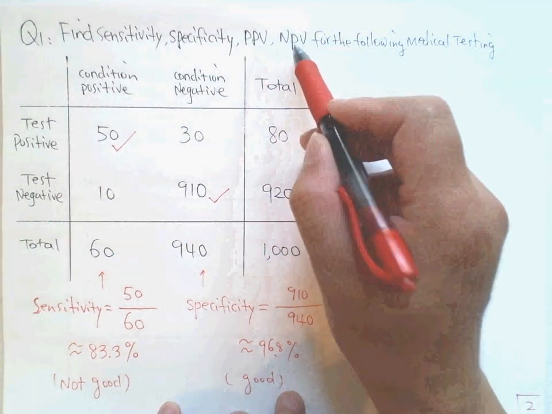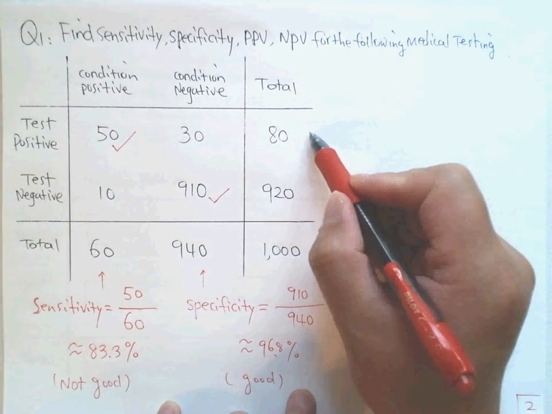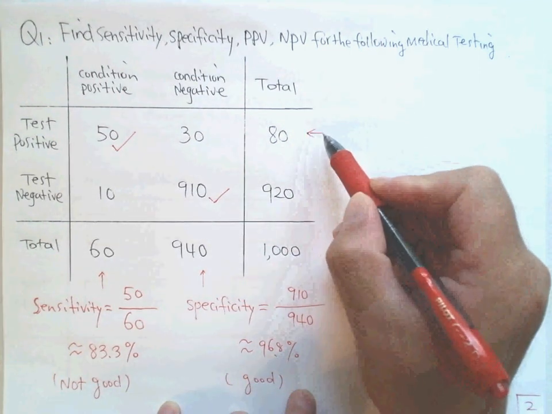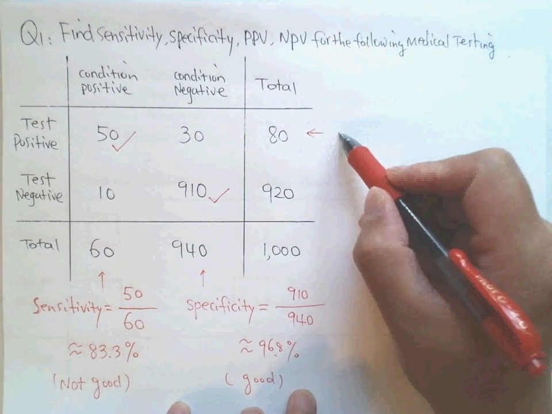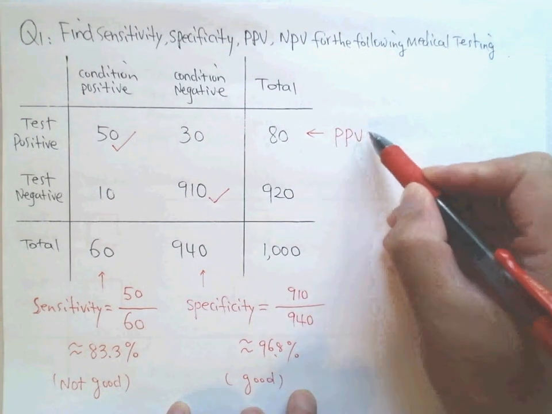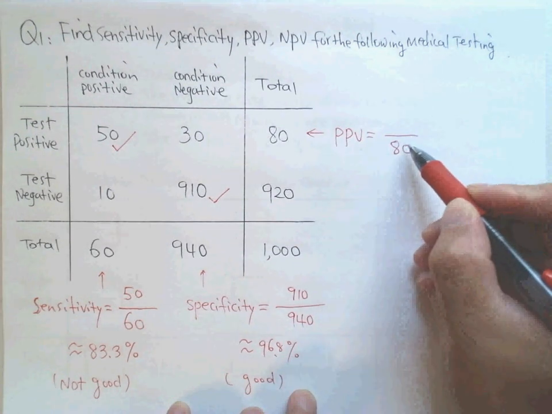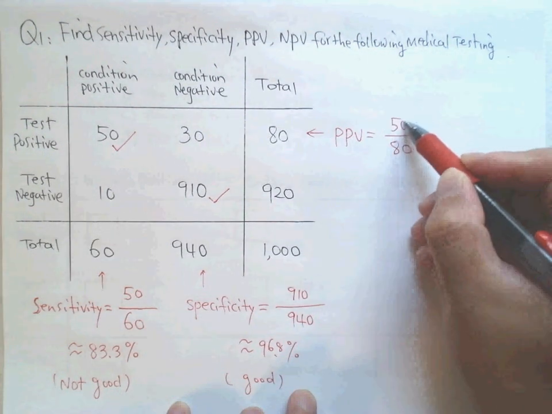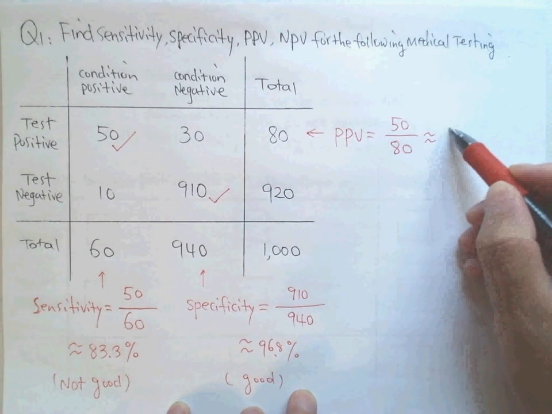The last, PPV and NPV. So what is PPV? It's the positive predictive value, focusing on the positive test results. And how many percentage are true? I say PPV is defined as: out of 80 total, how many are true? 50 test results are true. And then you do the calculation. Let me see.